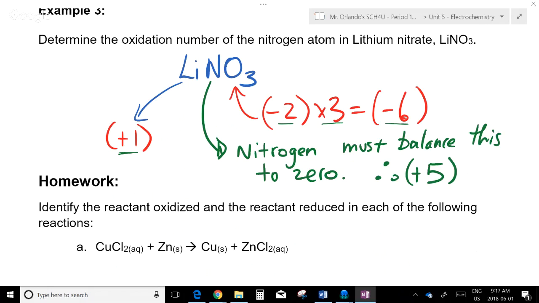By the way, for something to be oxidized, what does it have to do? Lose electrons. For something to be reduced, what does it have to do? Gain electrons, because OIL RIG, kids. OIL RIG. Or if you prefer, Leo the Lion says GER. It helps to make the hand motion.